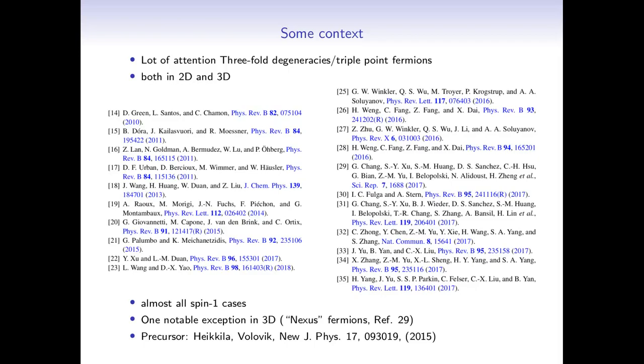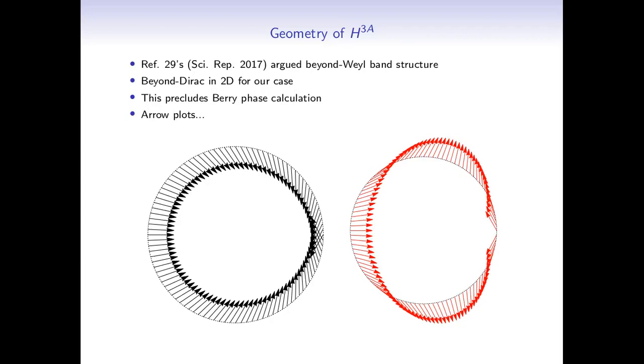Examples are given in reference 29, which is a cited paper, if you want to look in future. There are also some precursor works done by Bradlyn and company in 2015. All are connected to this story of nexus fermions, where they have triple point degeneracies and line degeneracies coming out from them.